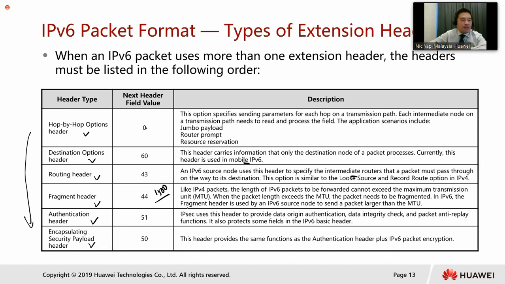So in this case, you need to add header 44 to perform the fragmentation. Okay, but this fragmentation happens on the source, on the outgoing. Intermediate devices are not doing any fragmentation because in IPv6, they're using path MTU.